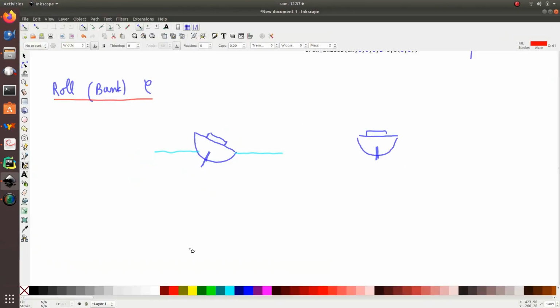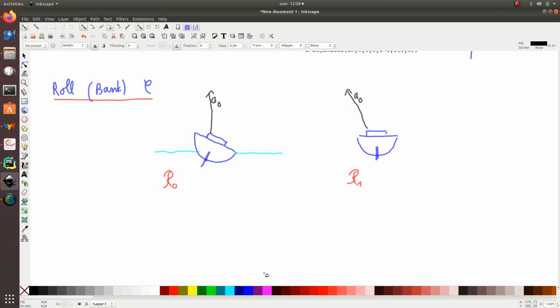For the estimation of the roll, I have represented the boat in two frames. Here it is R0, the world frame, and here it is the robot frame, R1. Here the acceleration A0, and in the robot frame it will be like this, A1.